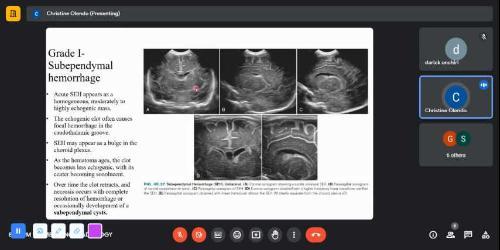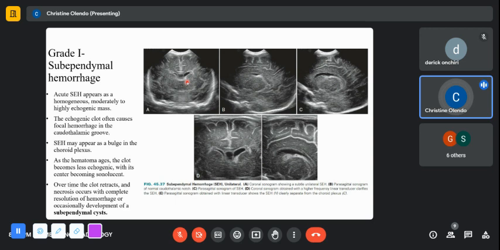So here we have sonograms, with axial, coronal, and parasagittal views. Here we have an echogenic area at the subependymal area. This is at the left ventricle, and this is the focal area, the left caudothalamic groove.